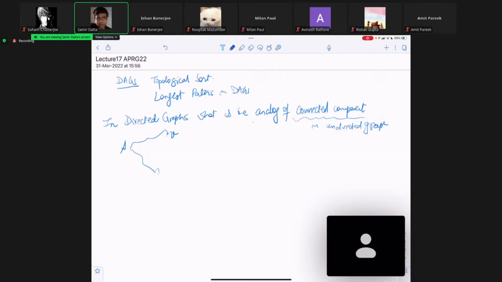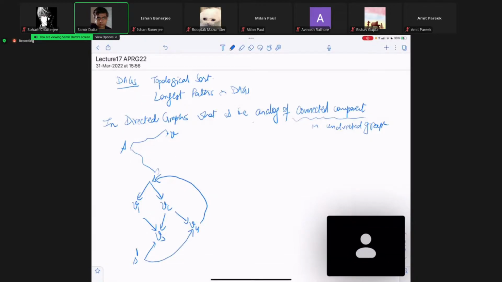What could happen is, for example, consider this graph: V1, V2, V3, and let's say V4, with an edge from V4 to S. Let's add some more: S prime can reach V3, and S prime can reach V4.